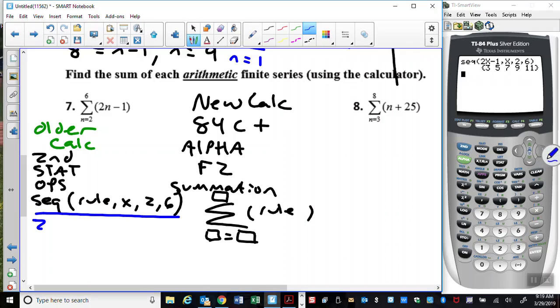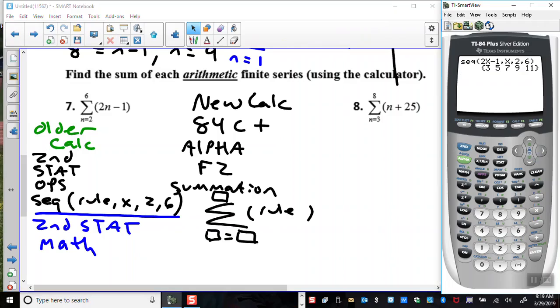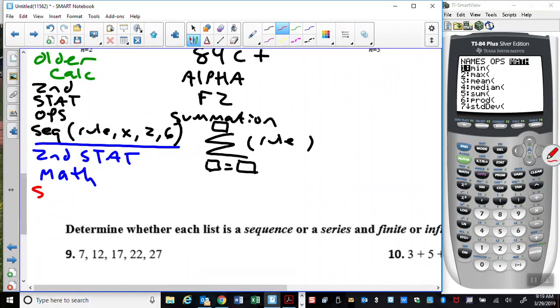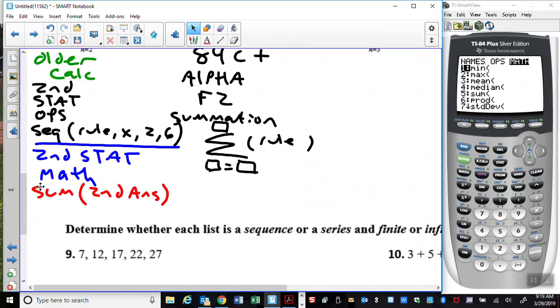Then you go second, stat, over to math, and select sum. You've got to select sum first.